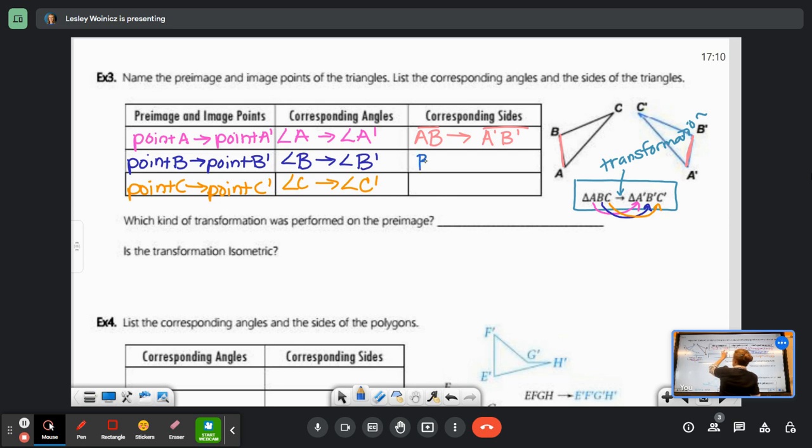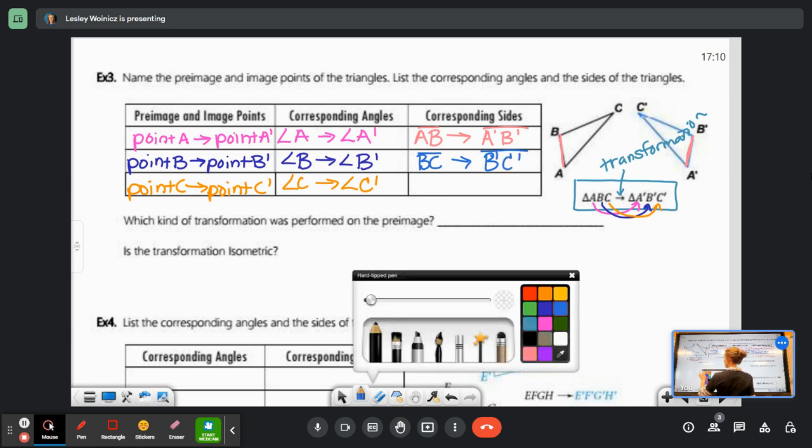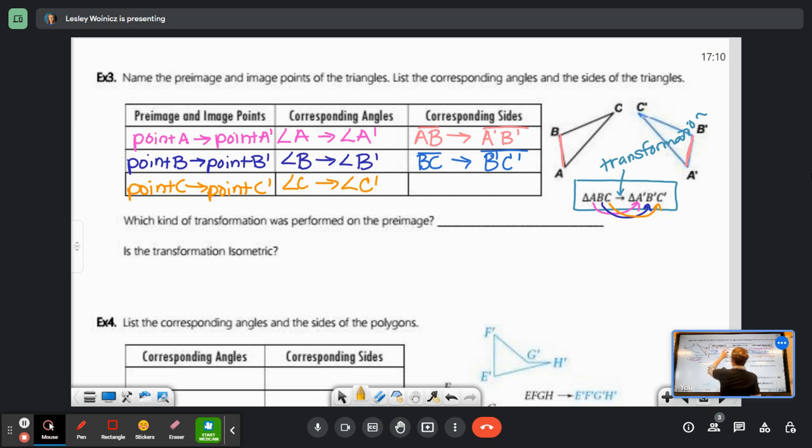Segment BC gets transformed into segment B prime, C prime. Segment CA gets transformed into segment C prime, A prime.